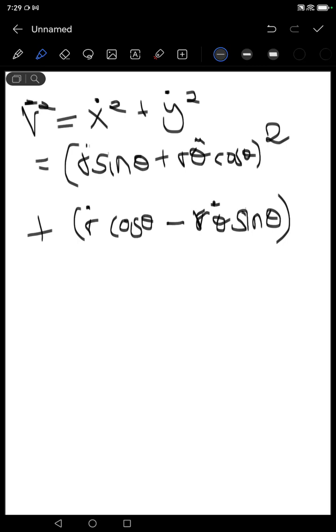The negative comes from the derivative of cos theta, which is negative sine theta. All squared.